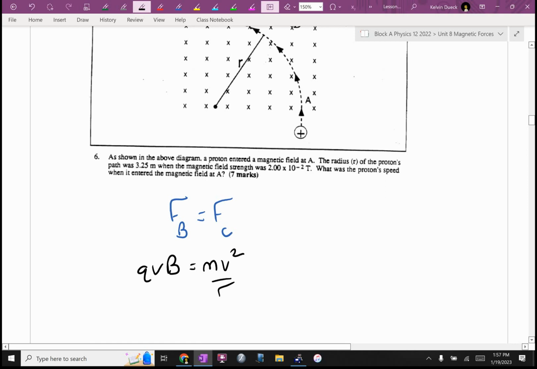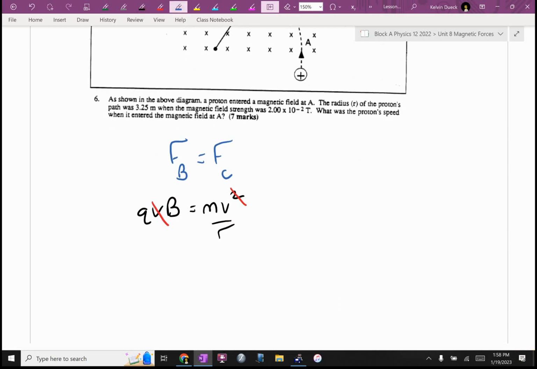One of the v's is going to cancel if I divide it over. I usually just do it on the first line: I cross out the squared and cross that out. What are we trying to get by itself? How will I move the m over? How will I move the r over? This isn't too bad.